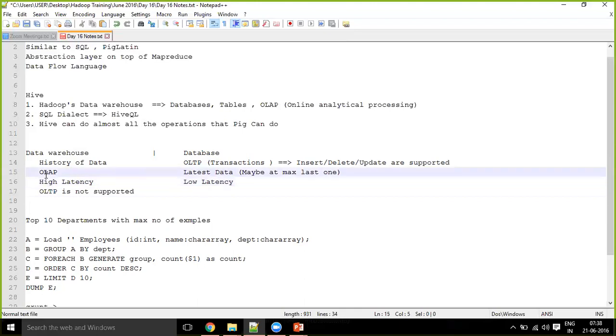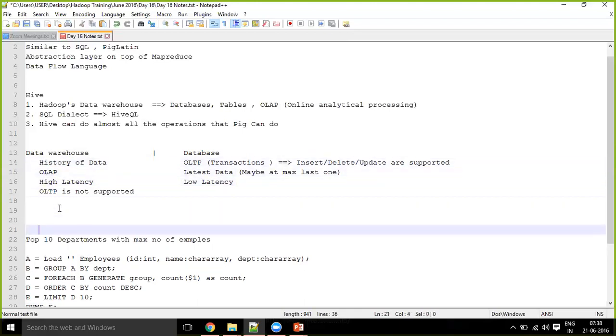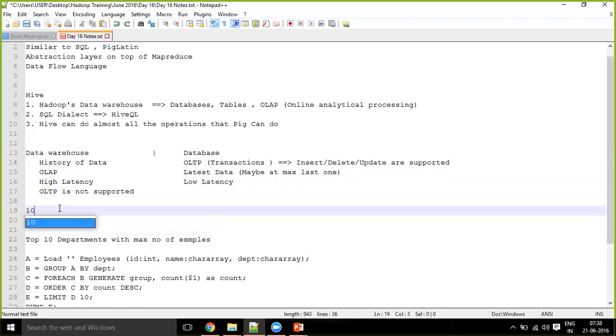Here in OLAP with historical data, suppose I have a table with 10 million records across a period of 10 months.